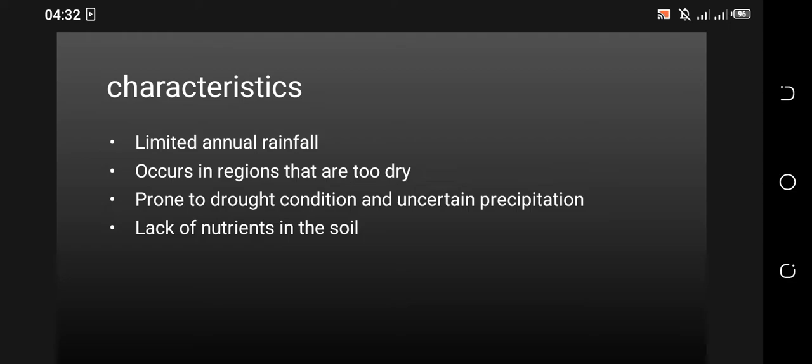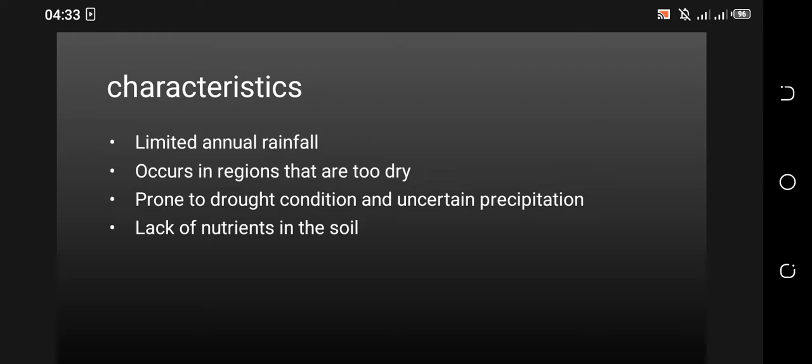As we previously said, it has limited annual rainfall. Due to limited annual rainfall, food production is difficult. As such, drought conditions are certain to occur.